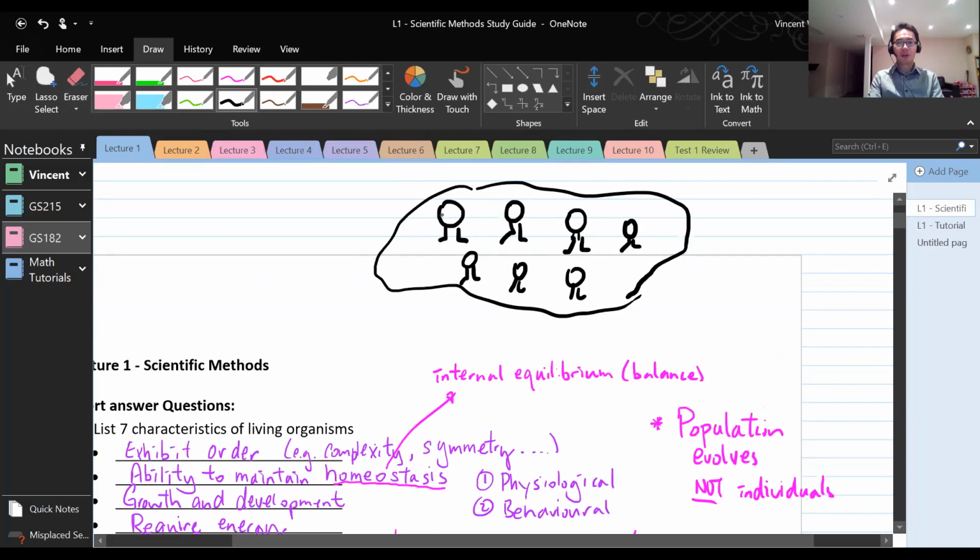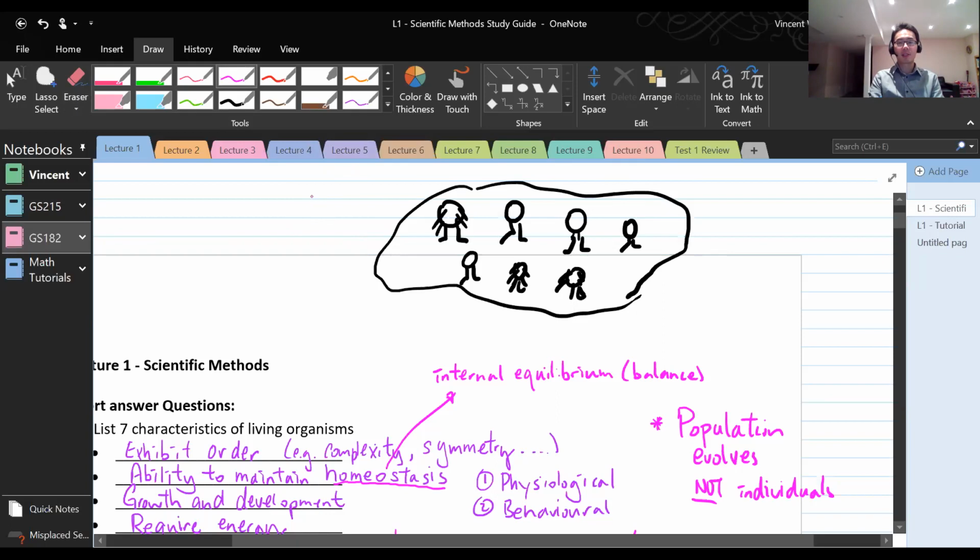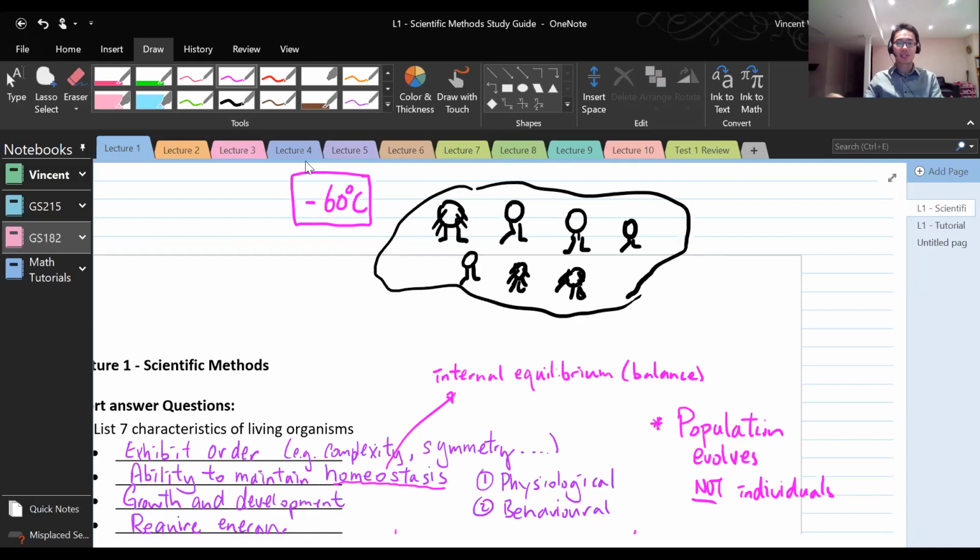There's no fur on them, and then some of them have fur. So these are the furry ones. And they are living happily on this island. And then let's say there is some kind of environmental crisis, and it causes the temperature to plummet to say -60 degrees. And it's a constant thing. It's going on for years and years.